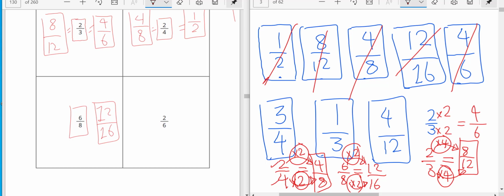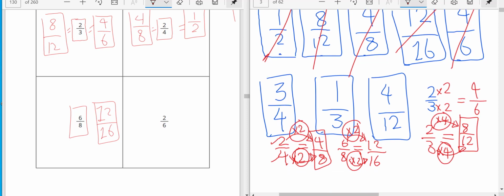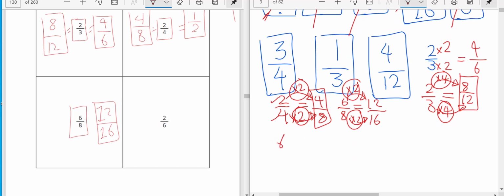We will cancel, discard. Check if 6 over 8 equals 3 over 4. 6 over 8 is equal to 3 over 4. 6 becomes 3.